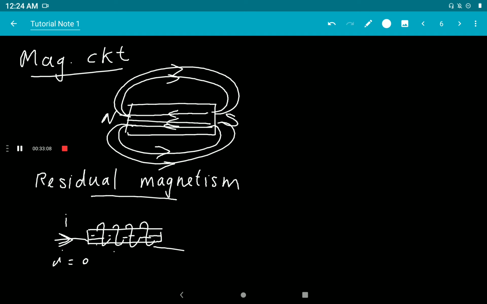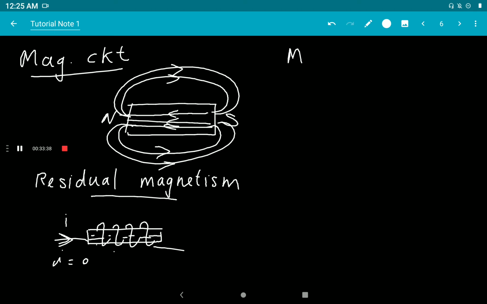Then when we suddenly switch off that current to zero, the magnetic property of that iron rod is lost. But still some magnetic property is retained on that iron rod. Even after we make the current zero, a small magnetic property is retained in the iron rod. That is what we call residual magnetism. Okay.